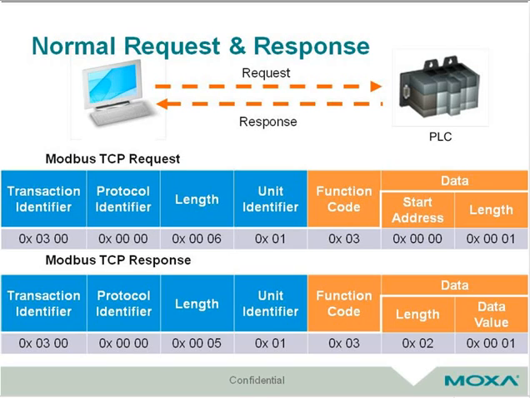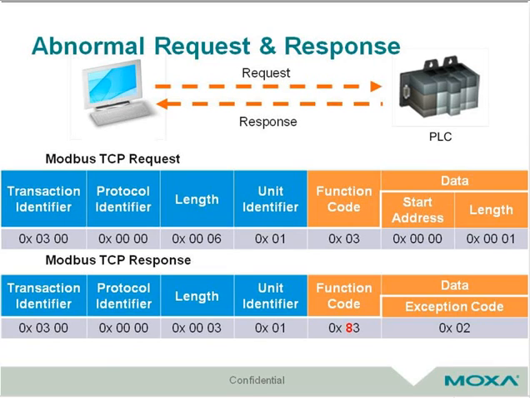The length field shows the number of bytes of the following fields, including the unit ID, function code, and the data. And the unit ID indicates, if this request is passed to another physical medium, which slave ID should respond to this request. This slide shows an abnormal response similar to the one on Modbus RTU I have explained.